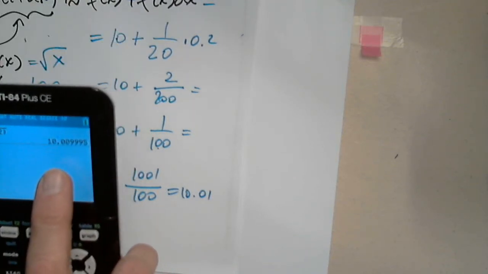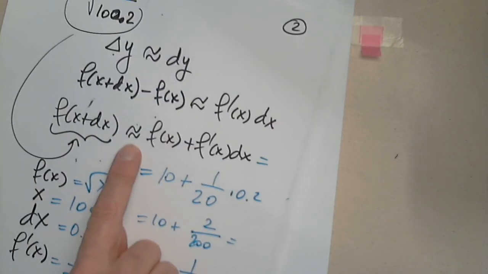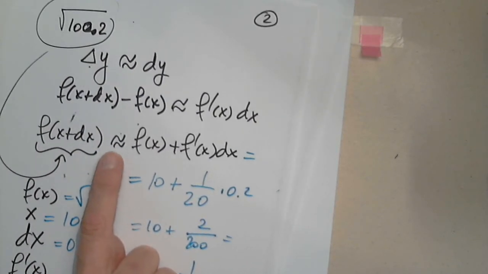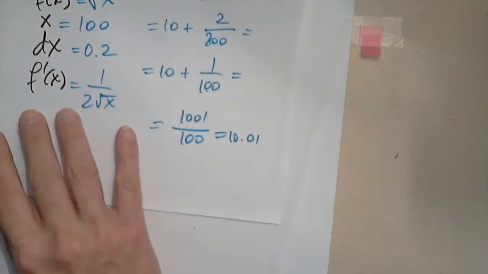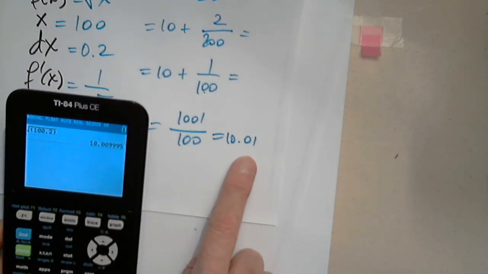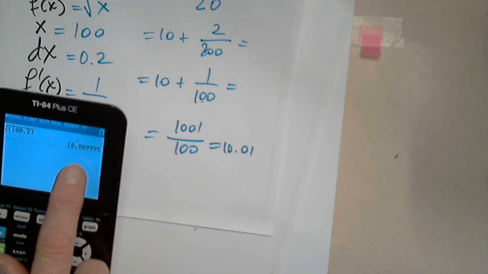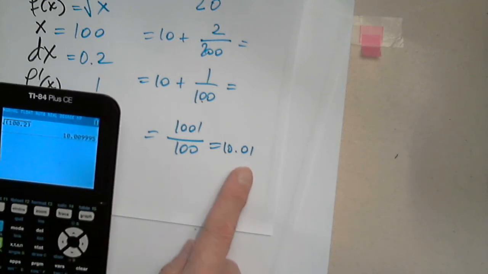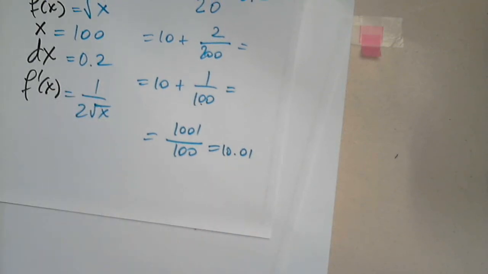So we got 10.009995, which is the exact value, and we know that this is not identical. It's approximate. And we got 10.01. So 10.009995 versus 10.01. It's a very good approximation. Sean, is this okay? Yes, it is.